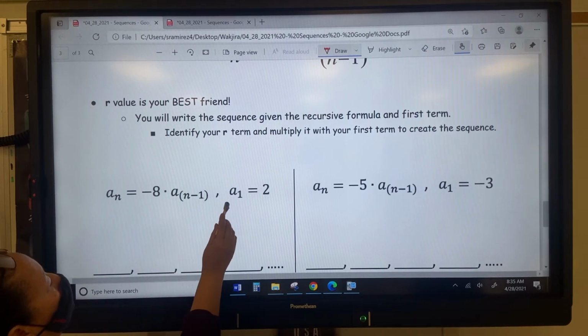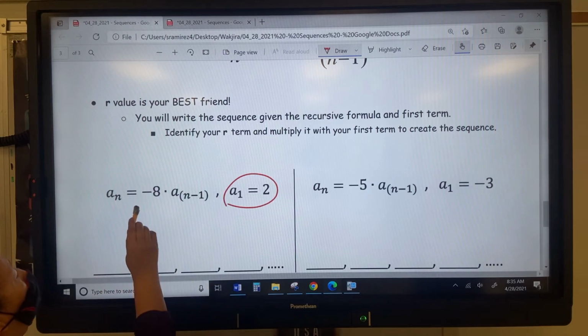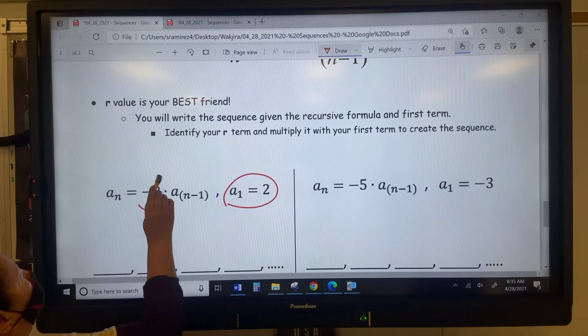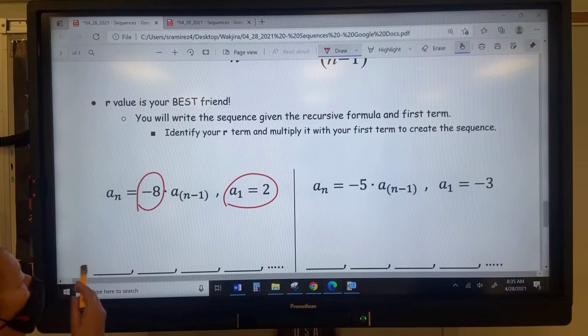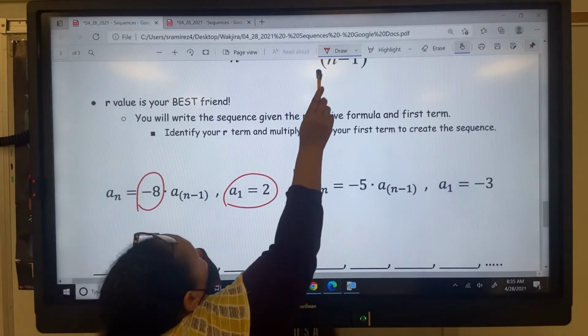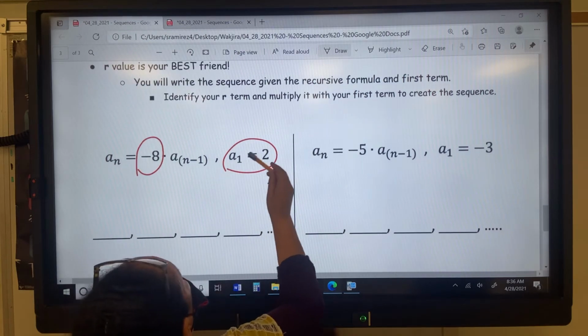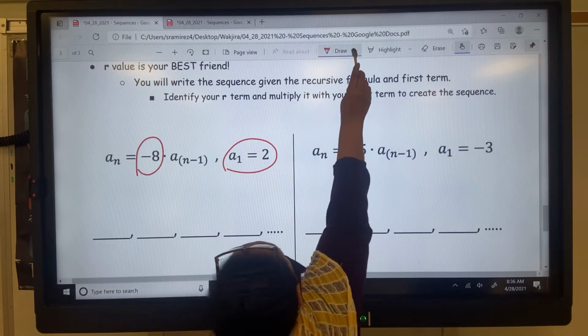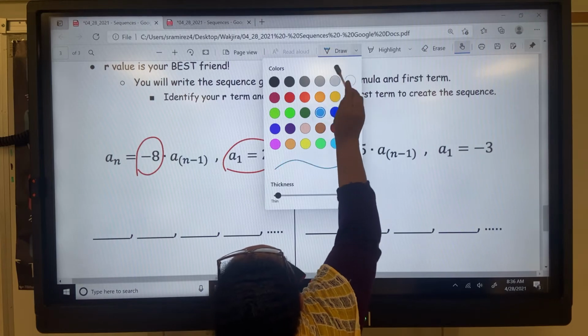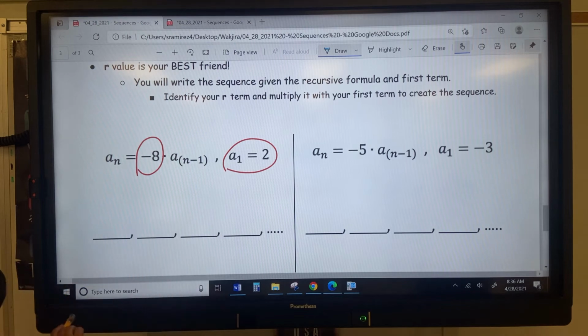Now we are given A sub 1, that is our first sequence here, and we are given R. Since we are given A sub 1, we need to fill up this sequence here.